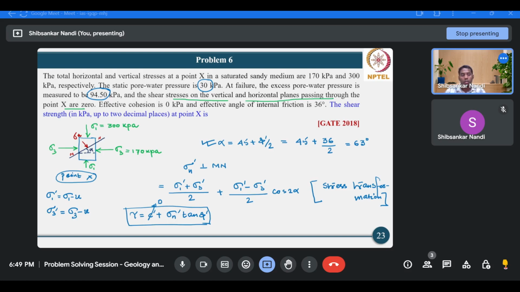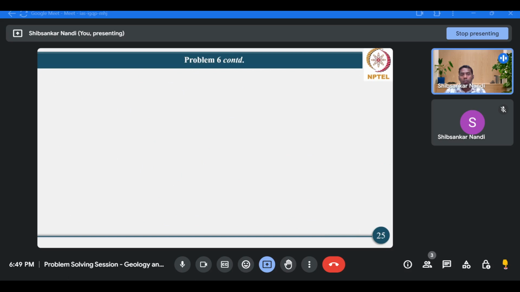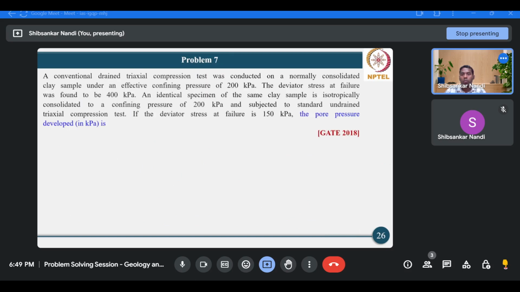Okay, so now if this is fine for all of you, we can take the next problem. This problem was also given in the GATE examination 2018. A conventional drained triaxial compression test was conducted on a normally consolidated clay sample under an effective confining pressure of 200 kPa.